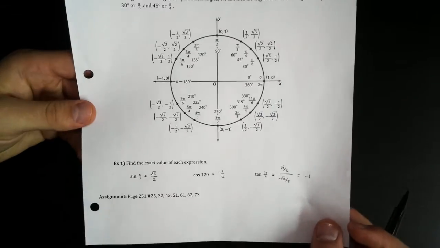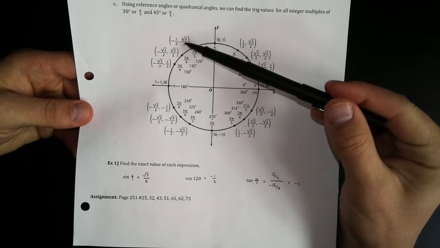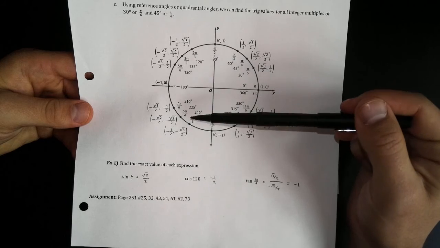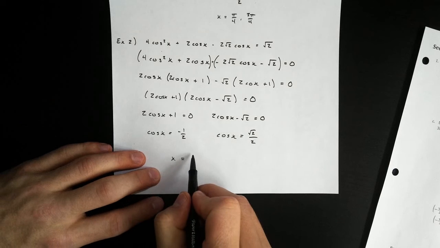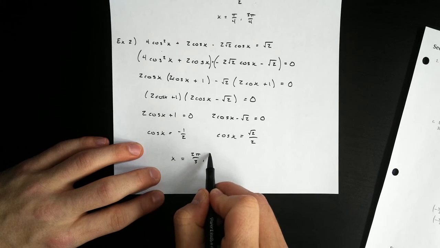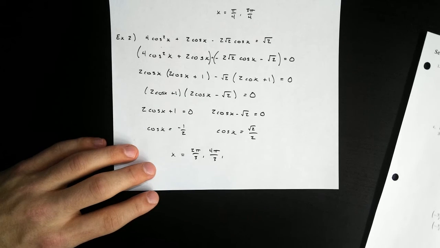So the first one, when is cosine negative 1/2? So here's the first one, 2 pi over 3. And then the symmetrical one, 4 pi over 3. So this first equation, we have 2 pi over 3 and 4 pi over 3. And then from our second equation, when is cosine square root of 2 over 2?